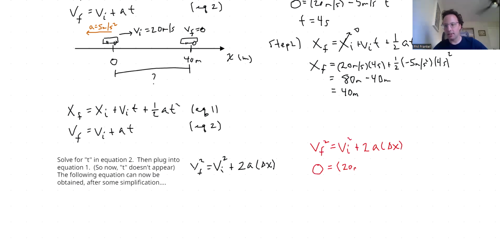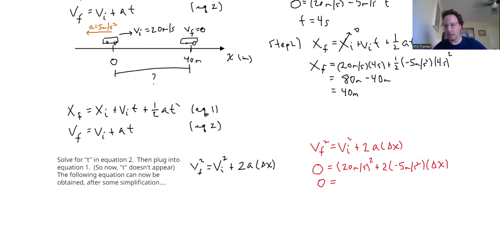The acceleration is -5 meters per second squared, times delta x. Delta x is what we're trying to solve for. That is how far the car skids before coming to rest. And dropping the units, just for the purpose of the calculation, 20 squared is 400. 2 times -5 is -10.